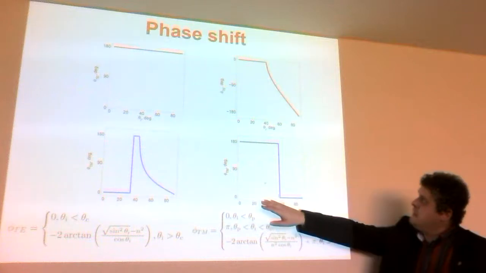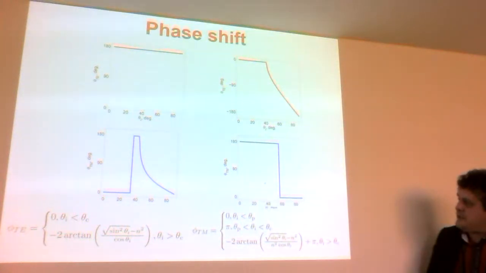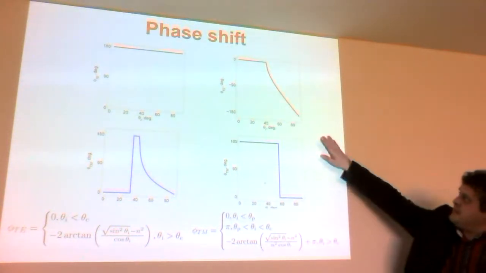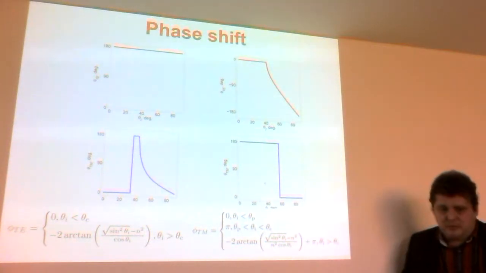And vice versa for the other one, we will see the phase shift when it's coming from the higher to the smaller refractive index medium. They will be defined with these components, and it can be summarized with this equation.